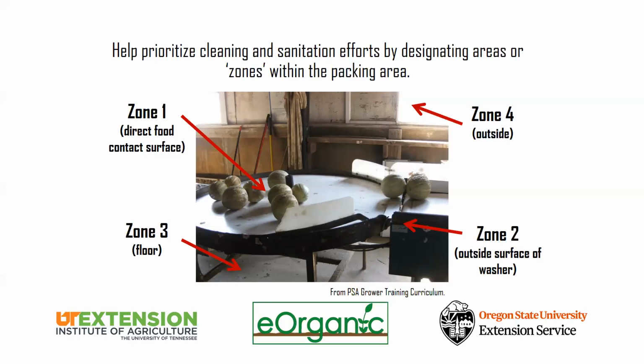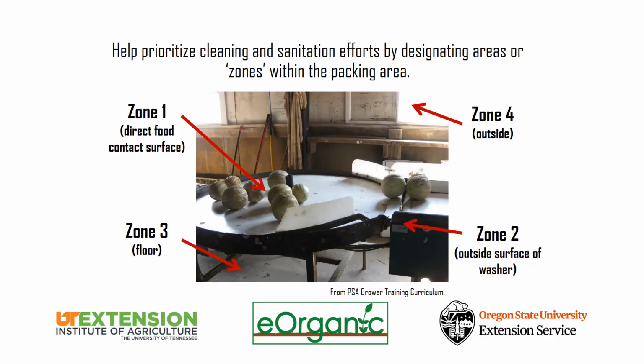The next zone is things that are directly adjacent to a food contact surface, or that belt or table that we see there. So it's things like the outside surface of that washer right next to that zone 1 surface. Then zone 3 are going to be things that are even farther removed, like the walls and the floor in this packing area.